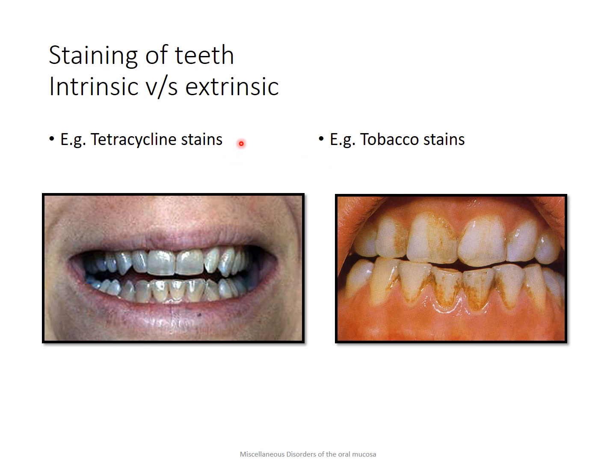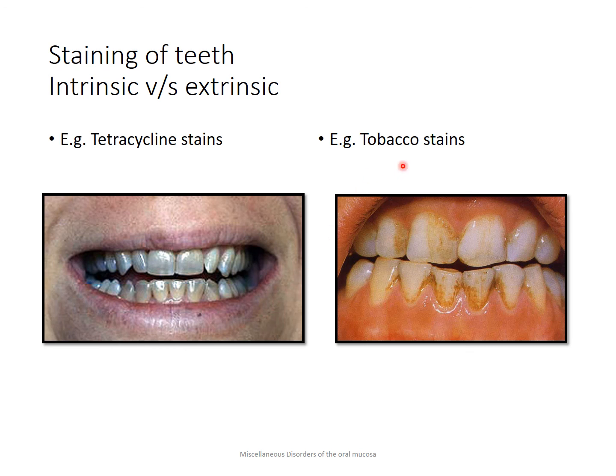An example of intrinsic stains would be tetracycline stains. You can see grayish brown pigmentation, or staining of the teeth caused by tetracycline consumption, which is passed on from the mother to the fetus or during early childhood.